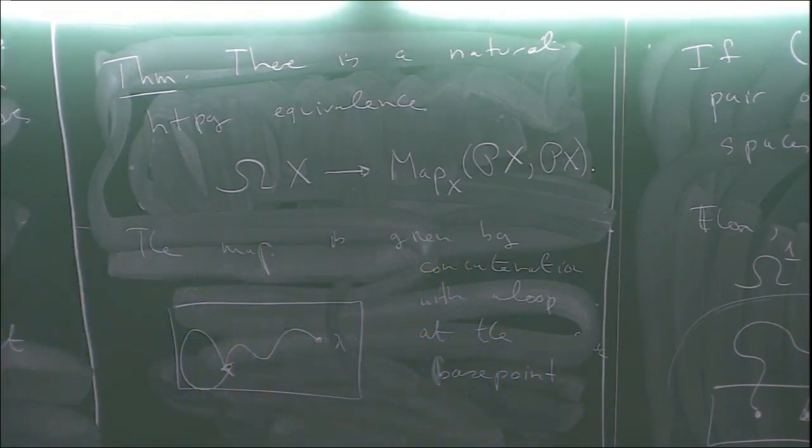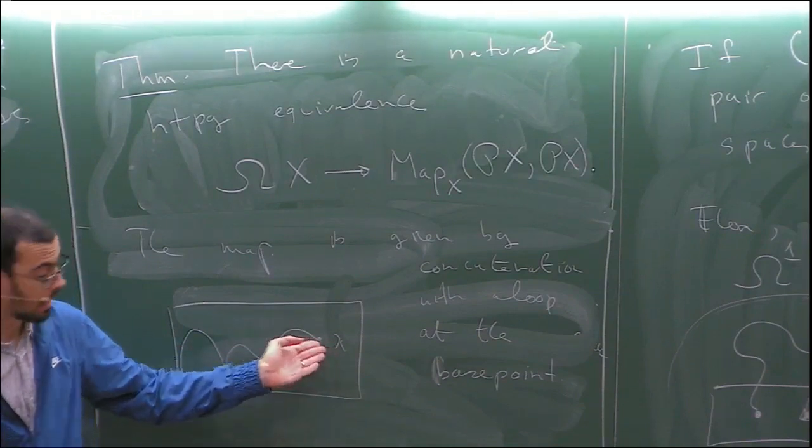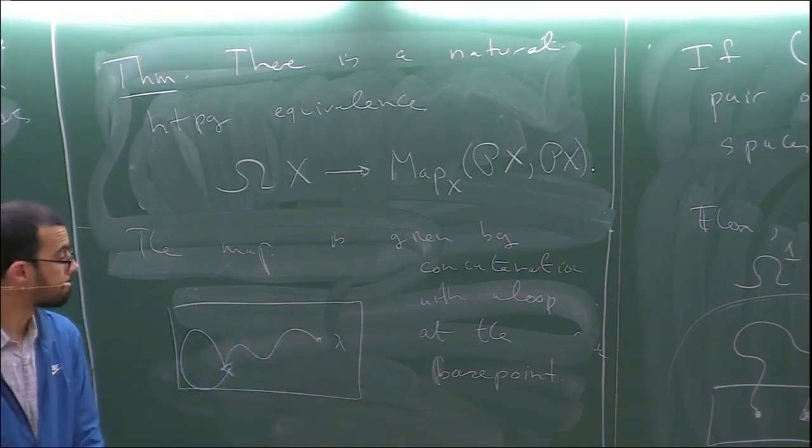Okay, that's clearly a rule that is universal for all x and takes a path from the base point to x to another path from the base point to x.